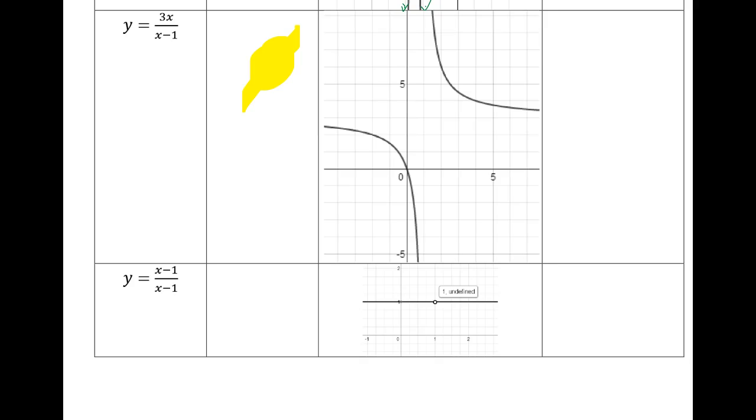So in terms of our actual rational function, I can still identify my asymptote by defining my denominator as not being equal to 0. So x cannot be 1. So we see that happening.